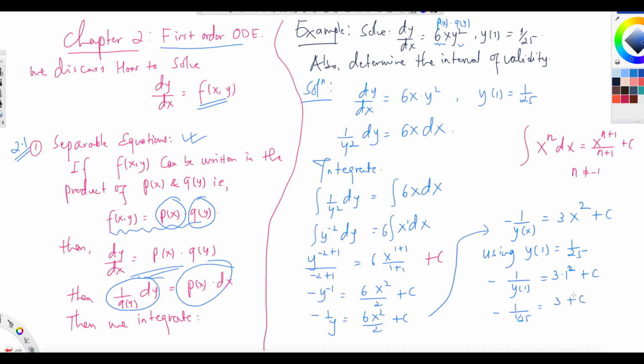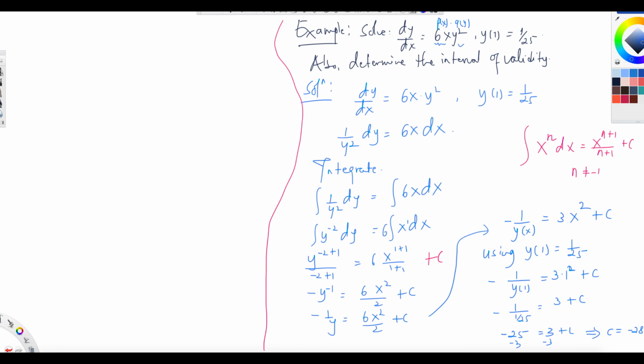I want to find the value of c and plug it back in. So this becomes negative 25 equals 3 plus c. Subtract 3, you will get 28, right? So this implies c equals negative 28. Okay guys, so c is negative 28.